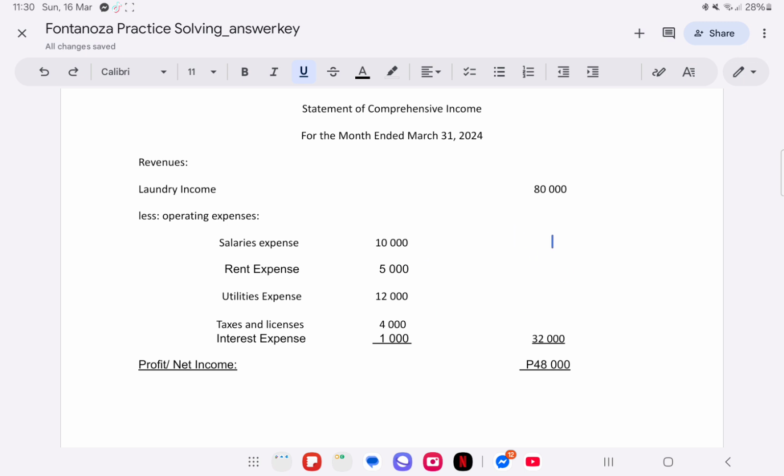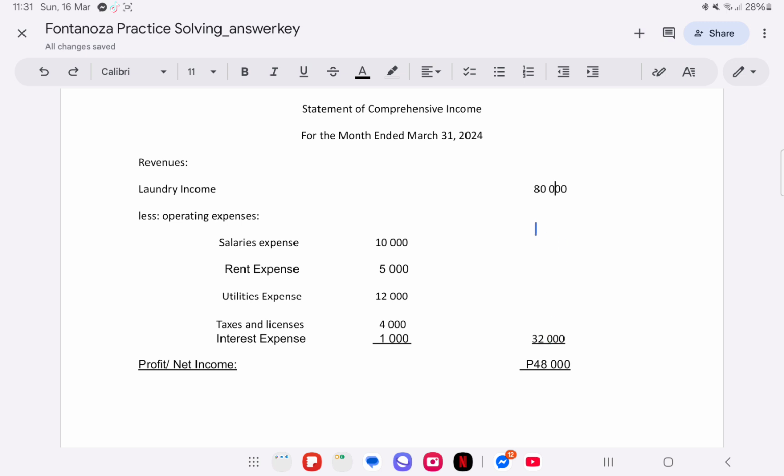Have you observed the profit or net income? 80,000 laundry income less the operating expenses: 10,000 plus 5,000 is 15,000, plus 12,000 is 27,000, plus 4,000 is 31,000, plus 1,000 is 32,000.